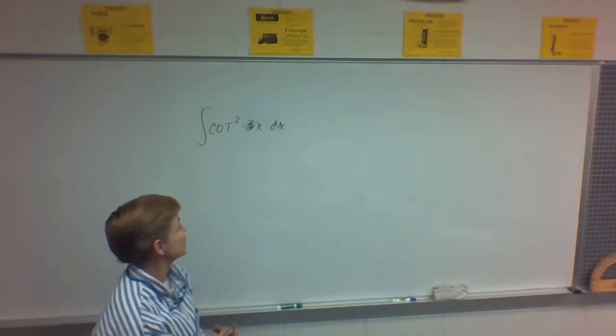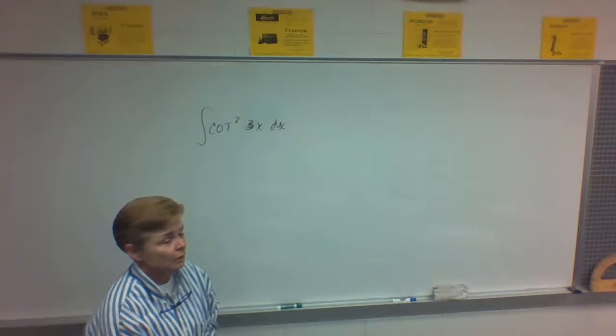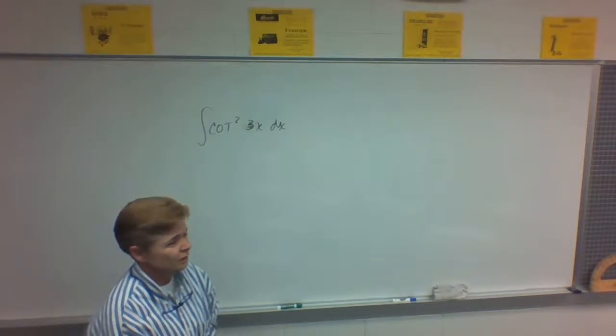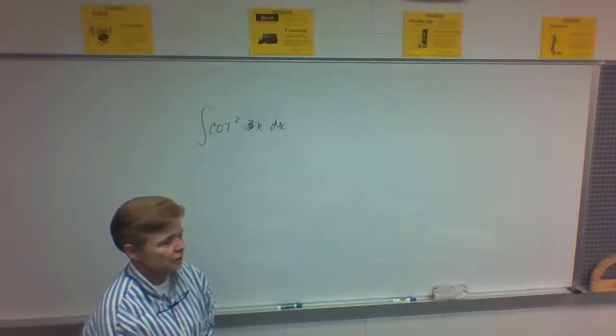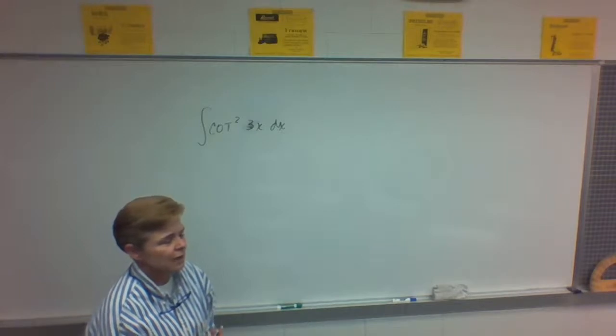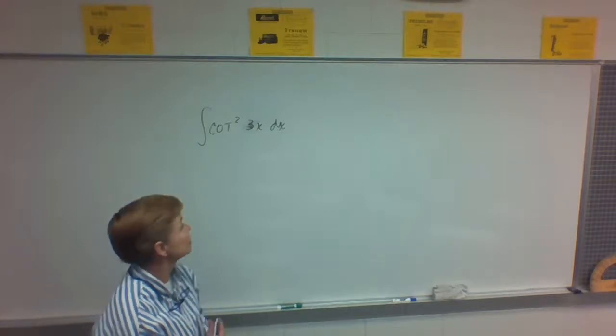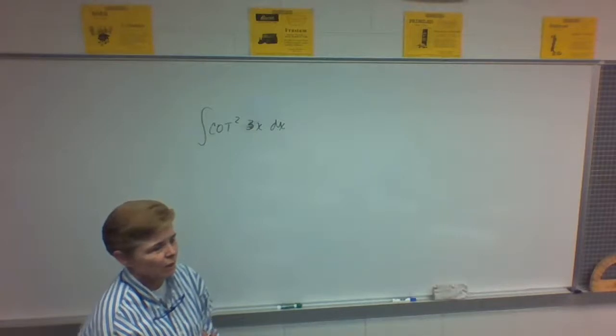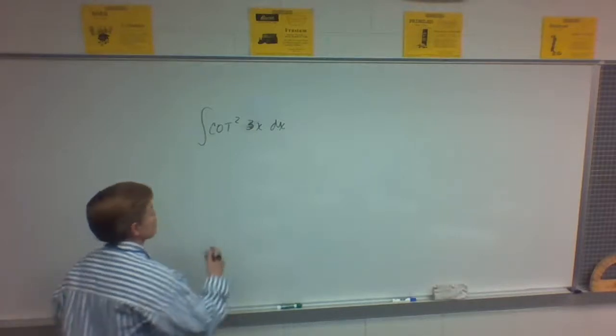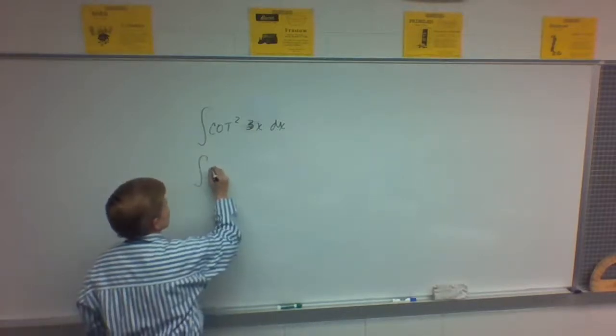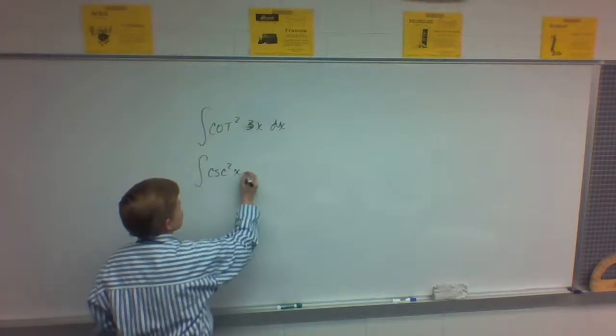So cotangent squared is equal to cosecant squared x minus 1. That's the Pythagorean identity. So this gets replaced with cosecant squared x minus 1.